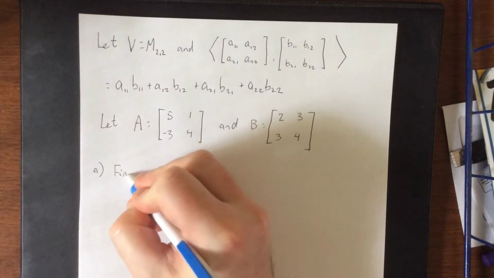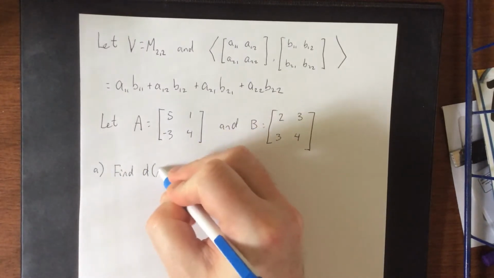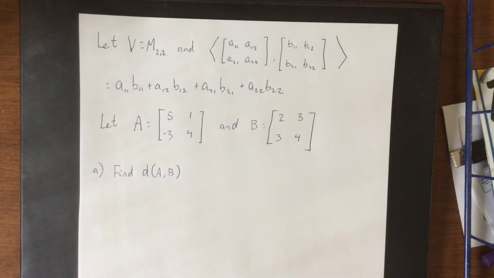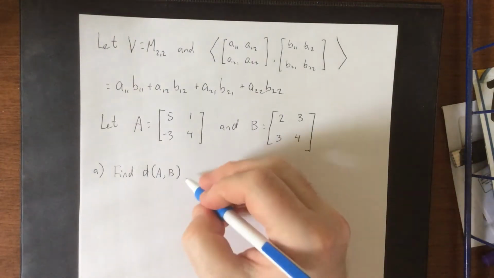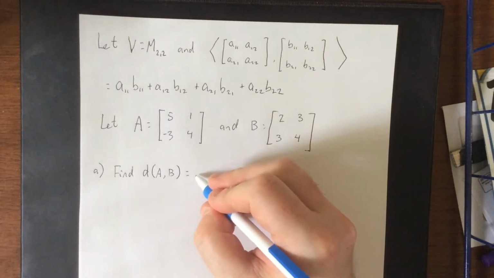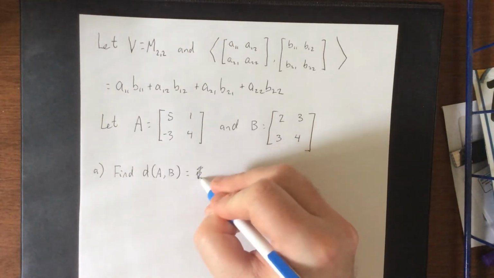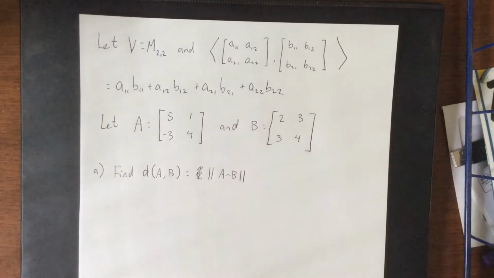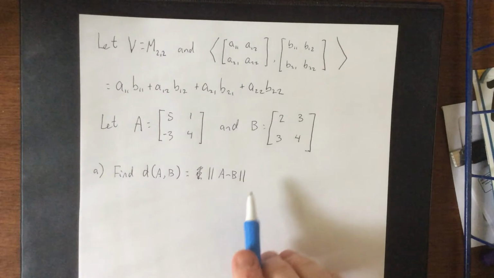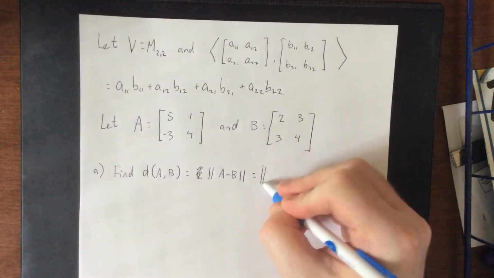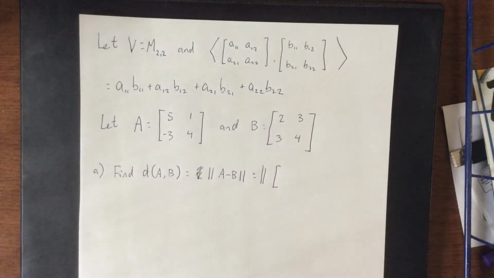First thing I'd like to do is find the distance between matrix A and matrix B. Now the definition of the distance between two vectors is that this is the magnitude of A minus B. Could also technically be the magnitude of B minus A. Turns out those two things are going to be equal to one another.